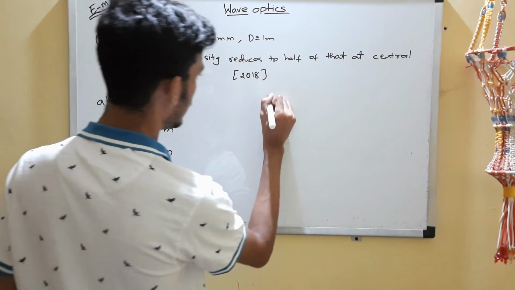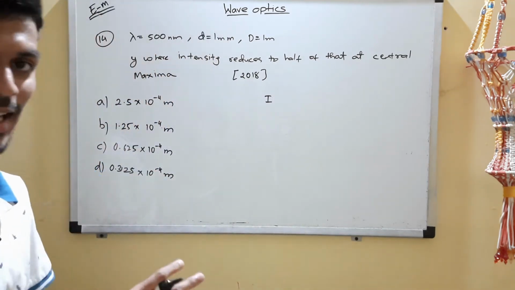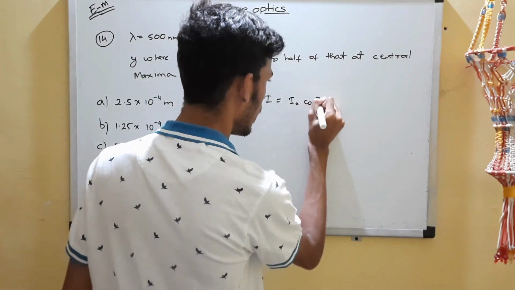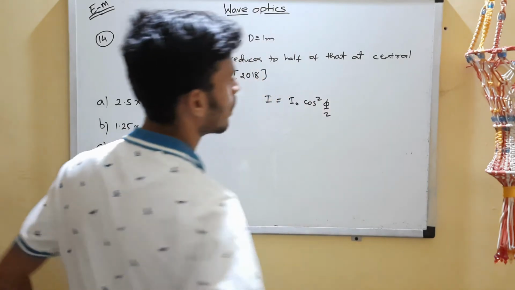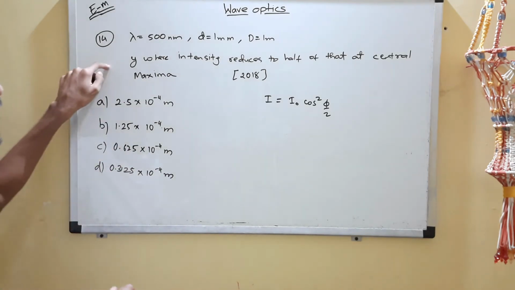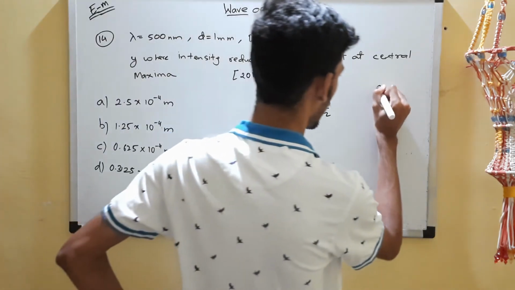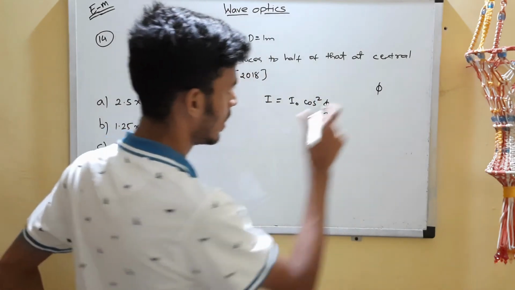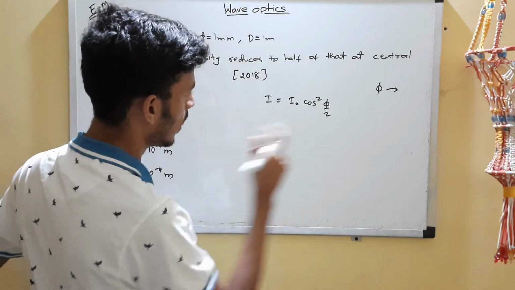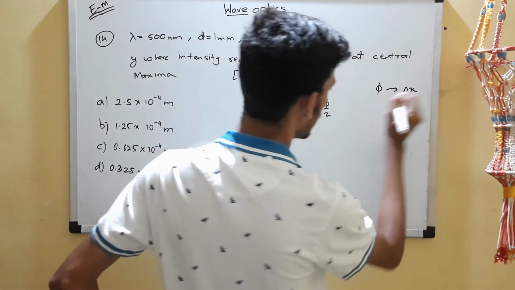The intensity equation for YDSE is given as I equals I naught cos square phi by 2. What is my thought process? We are supposed to find y, so we'll first find phi from this equation, and from phi we can find delta x, the path difference.